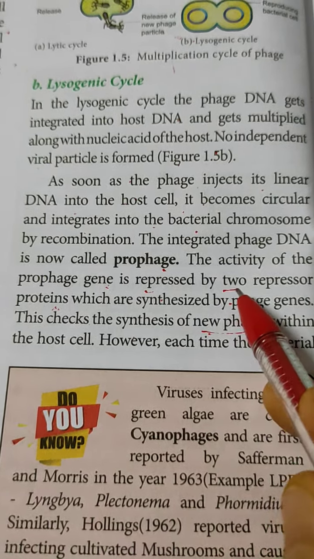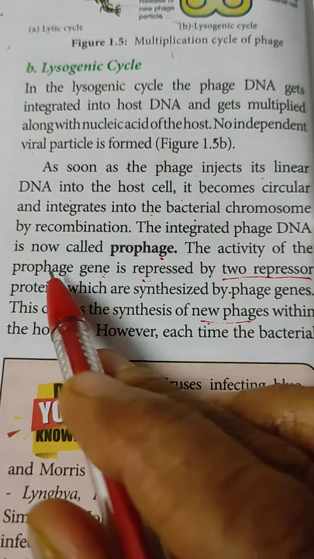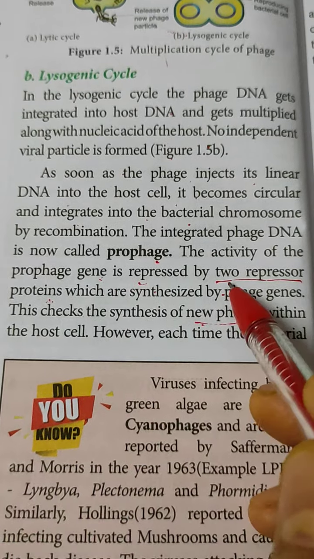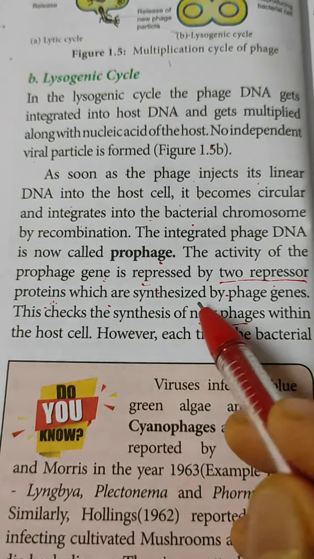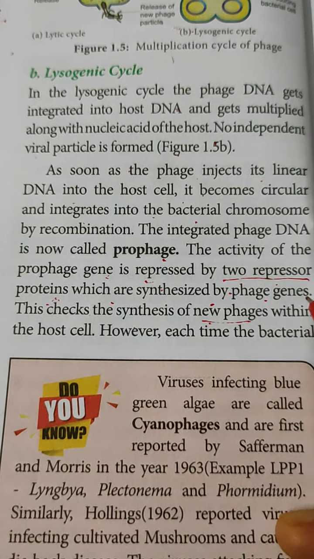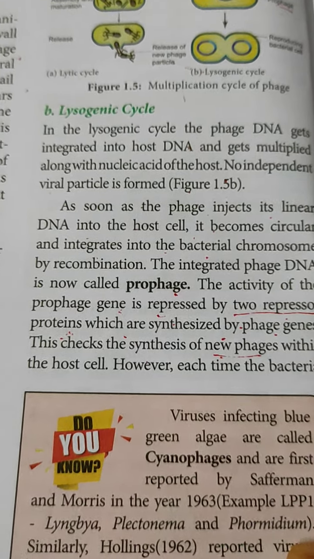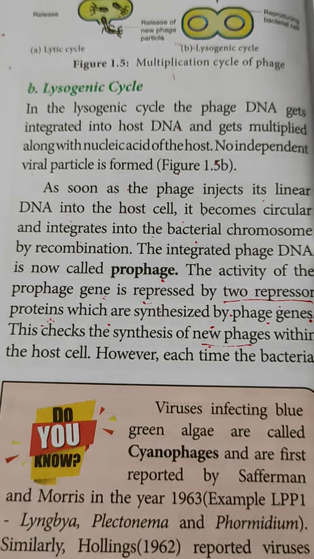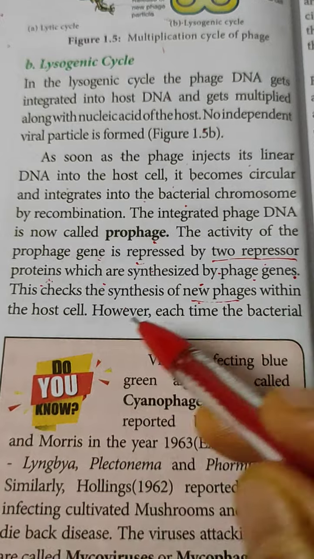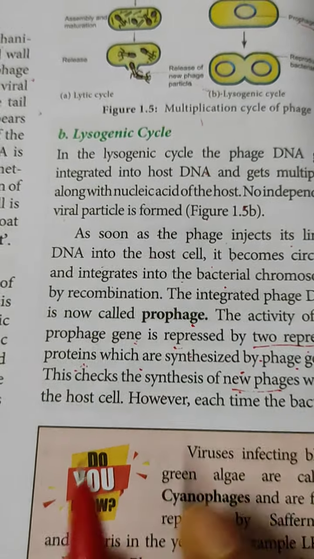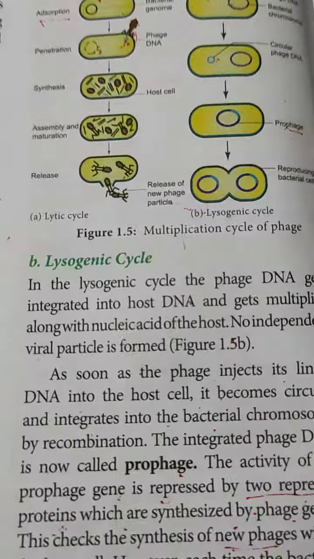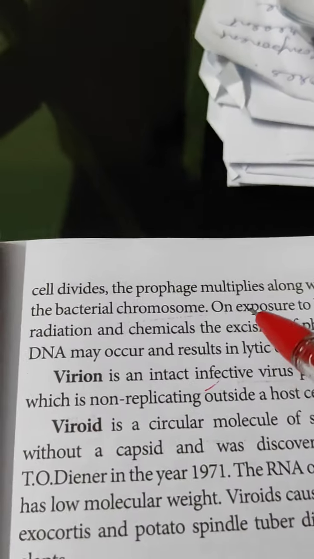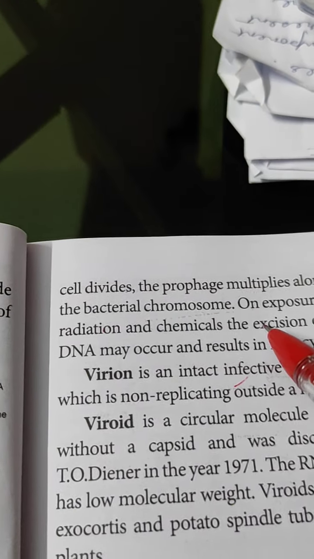Because of the presence of two repressor proteins synthesized by the phage genes, the bacteriophage is not allowed to produce new individuals, new phages, within the host cell. Each time the bacterial cell divides, the prophage also multiplies along with the bacterial chromosome.